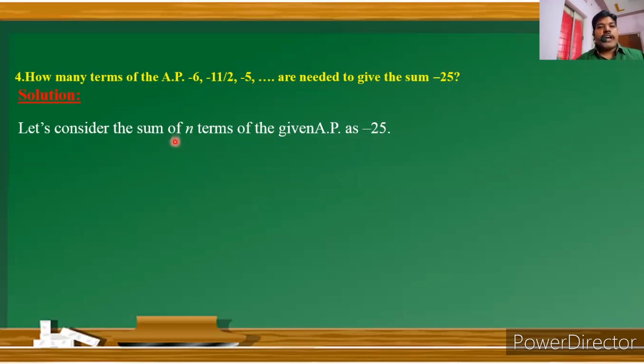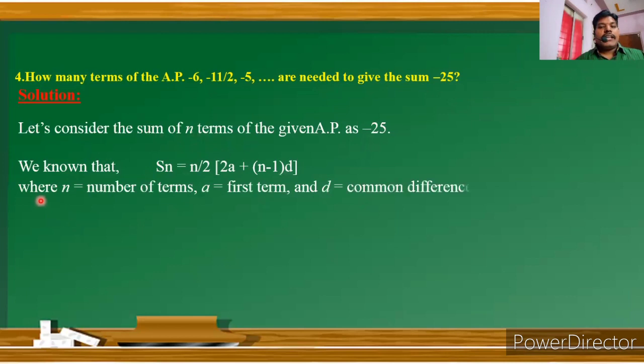That's why we take the sum of n terms as minus 25. That means n represents the number of terms. We have to calculate this value. We already know that the sum of the terms is Sn equal to n by 2 into 2a plus n minus 1 into d.